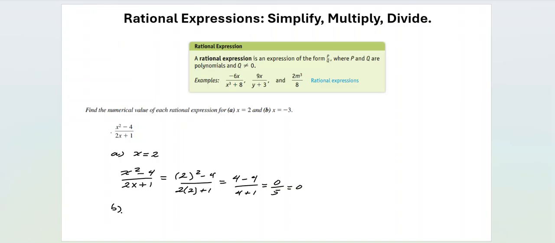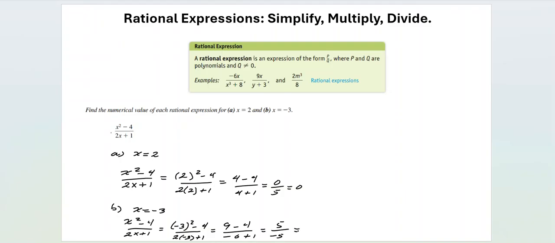Let's see a second example, when x is equal to -3. When x is equal to -3, my expression x squared minus 4 over 2x plus 1 becomes -3 squared minus 4 over 2 times -3 plus 1. -3 squared will be 9 minus 4, and then 2 times -3 is going to be -6 plus 1. 9 minus 4 is going to be 5. -6 plus 1 is going to be -5.